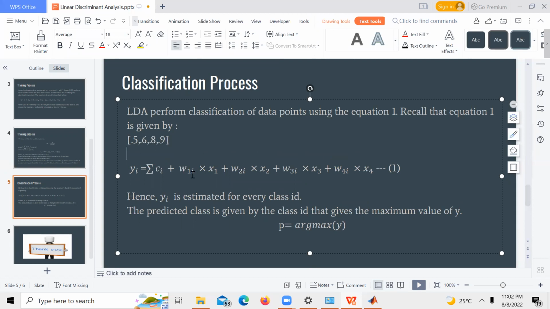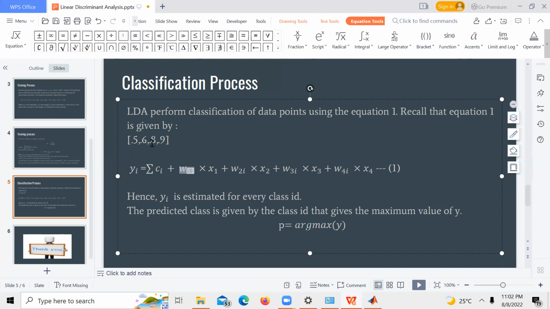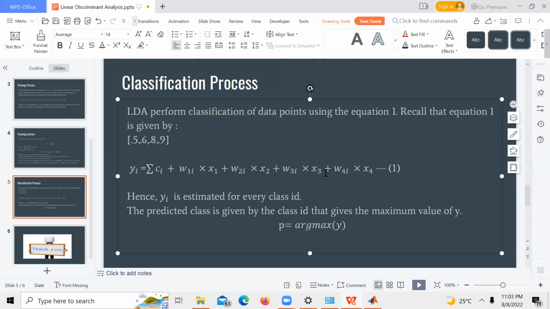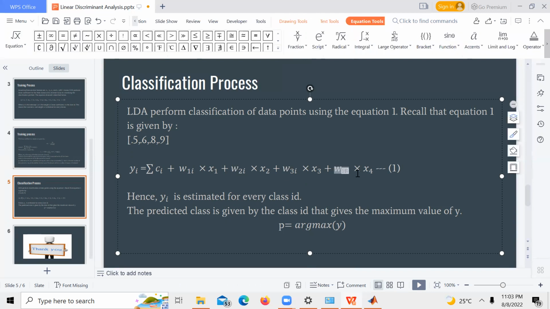From the training process, we've already obtained a set of weights for each class, and also a constant for each class. So we then use these weights. We multiply W1 by x1, W2 by x2, W3 by x3, W4 by x4. Then we add the constant value.